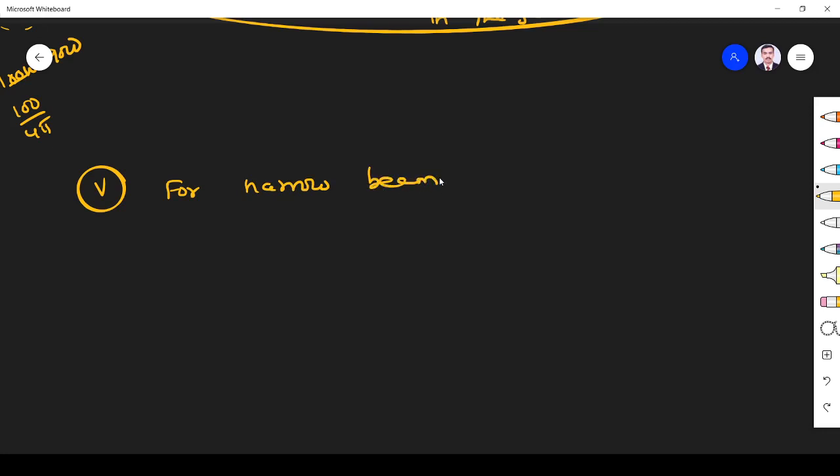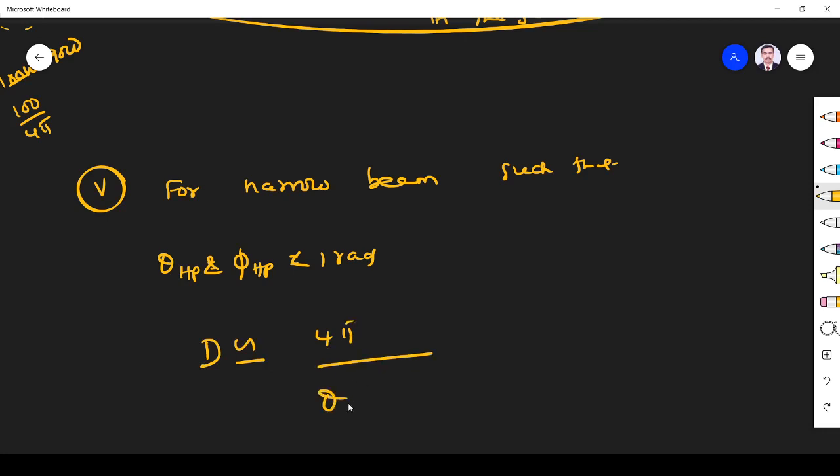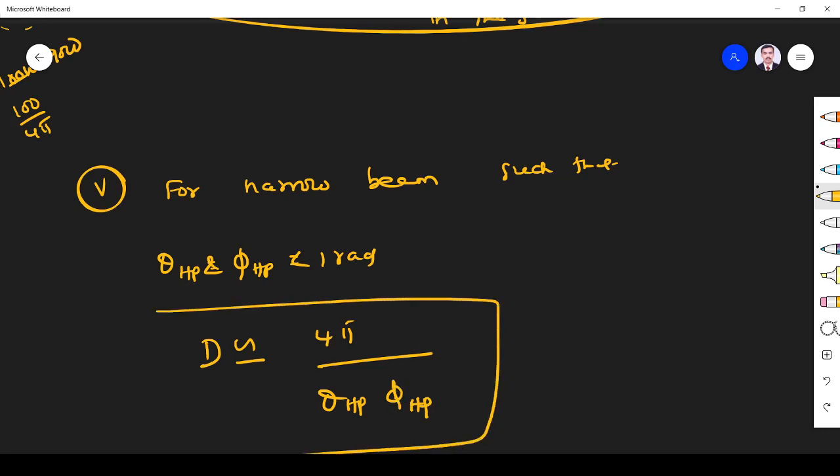For a narrow beam, such that the half power beam widths theta hp and phi hp are less than 1 radian, the directivity is approximately equal to 4 pi divided by theta hp times phi hp. So this is what we have to use in the problem.